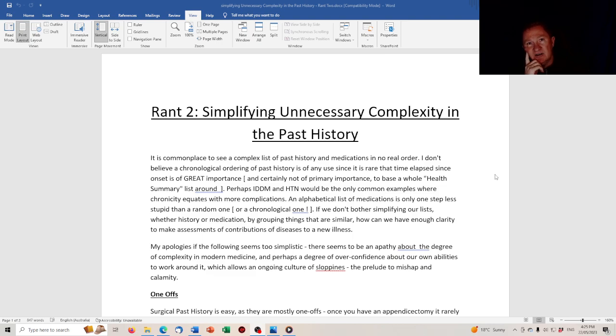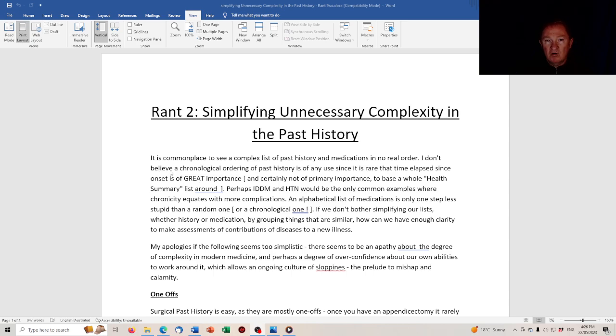So communication is vitally important in medicine because stuff gets lost and forgotten and it can come back and bite you. So it's actually really important that we simplify these things and just take out all this unnecessary stuff so that at least you can try and visualize and encapsulate what's going on with the patient.